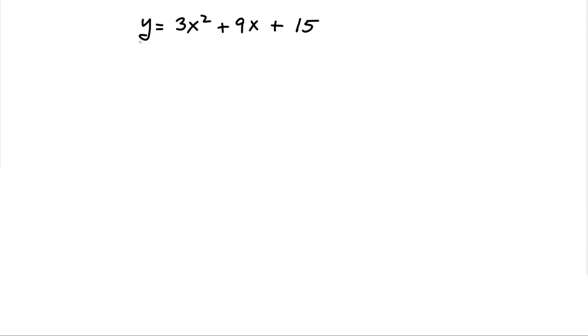When I divide every term by 3, I get y over 3 equals 3 over 3 is 1, that's what I want there, 9 over 3 is 3, and 15 over 3 is 5.